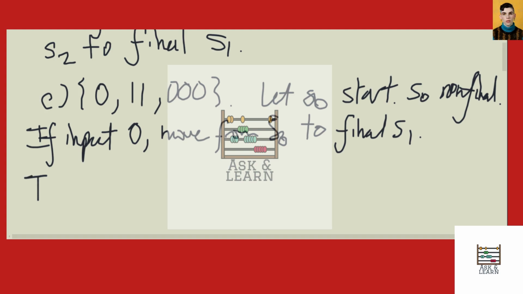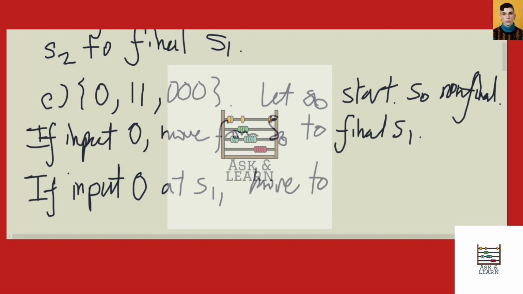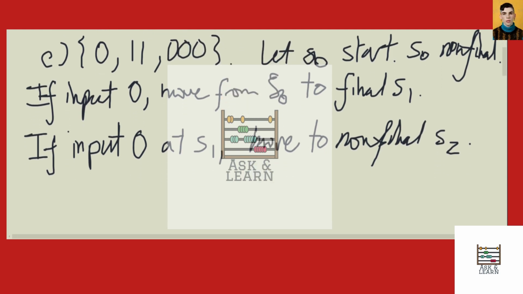Now, if the input is 0 at S1, then we'll want to move from S1 to a non-final state S2, since 0, 0 should not be accepted.